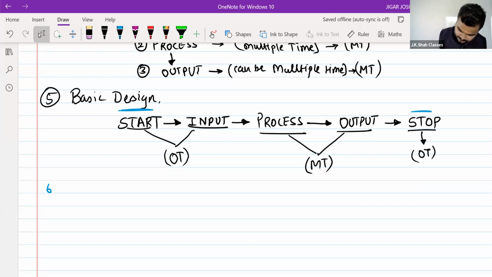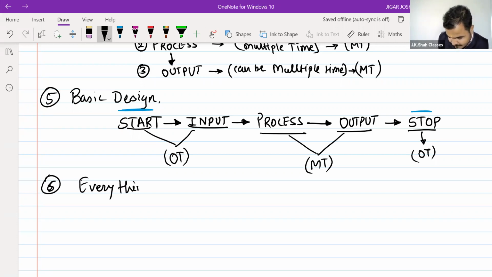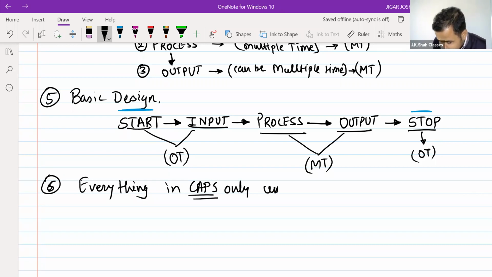Next one, people. Sixth one: everything, people, whatever you are mentioning over here, everything should be in caps only, unless provided in the question.